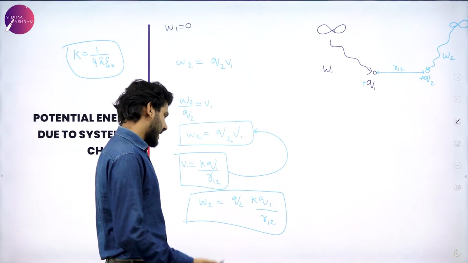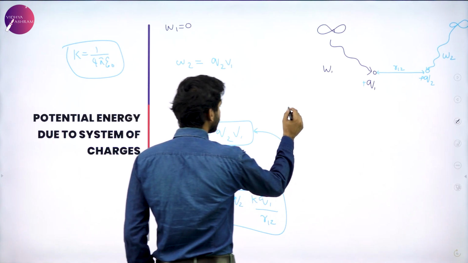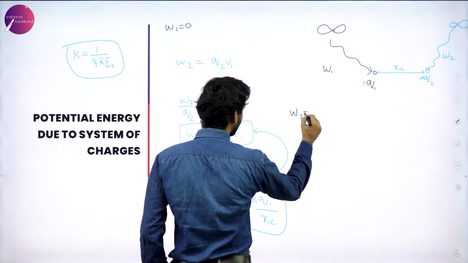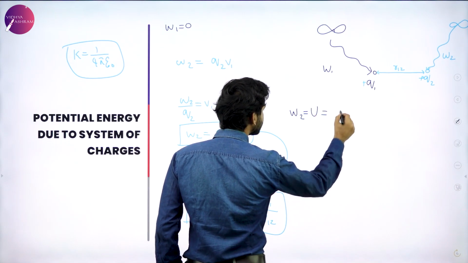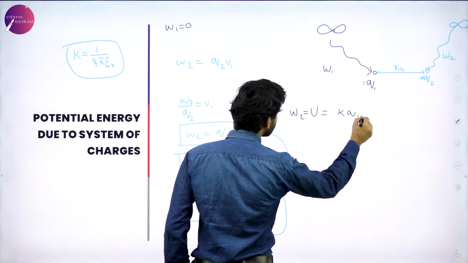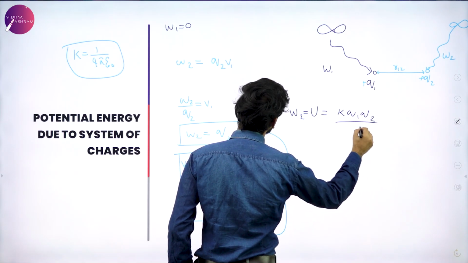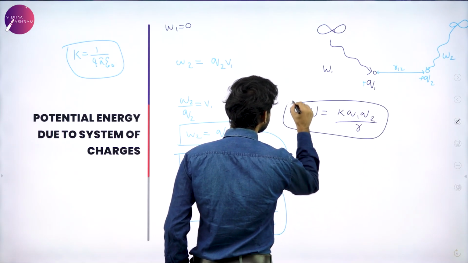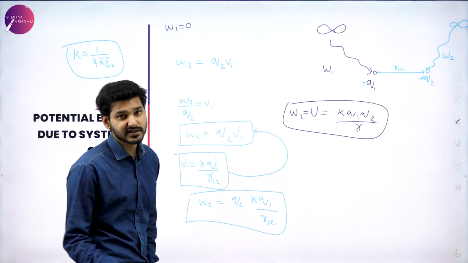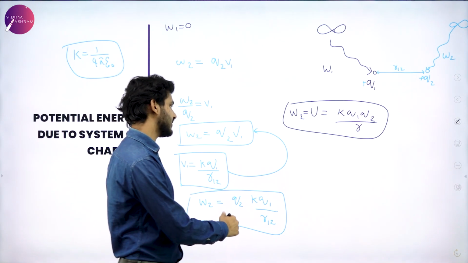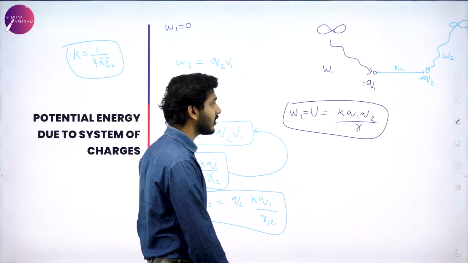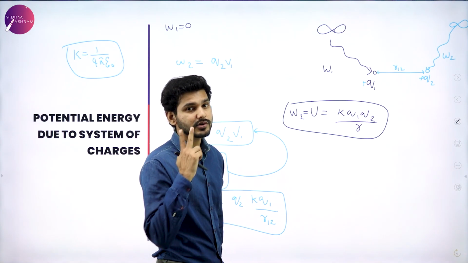So we can say that W2 will be equal to U will be equal to KQ1 Q2 divided by R. And this was already found during the discussion of the first topic in the second chapter, and we have discovered it yet again for a system of two charges.